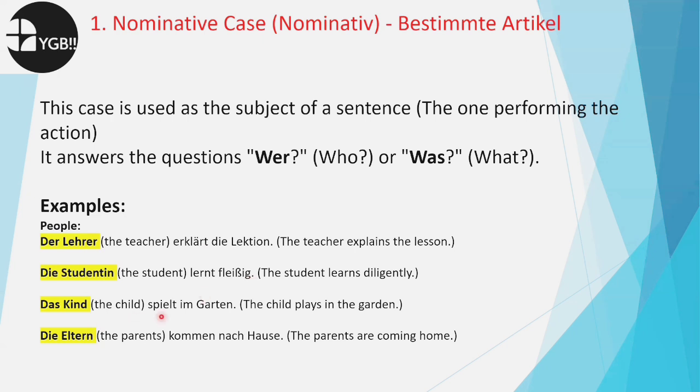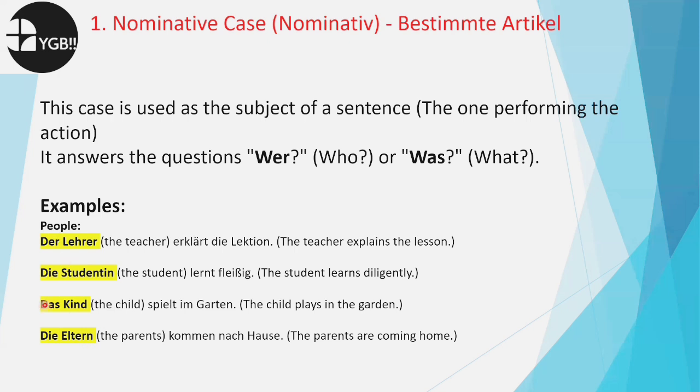So next, wer spielt im Garten? Das Kind. Wer kommt nach Hause? Die Eltern. So here, when I ask a question using wer erklärt die Lektion, wer lernt Deutsch, wer spielt im Garten, wer kommt nach Hause, I'm getting the answers: der Lehrer, die Studentin, das Kind, and die Eltern.